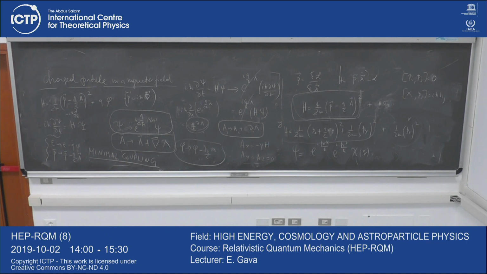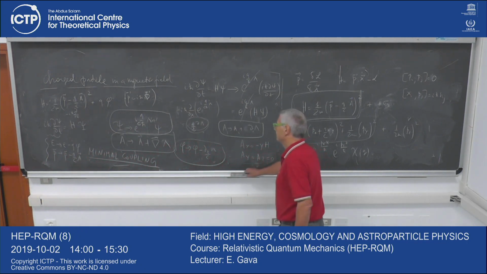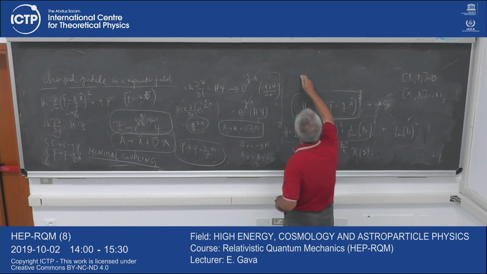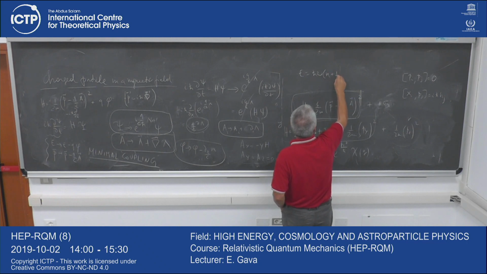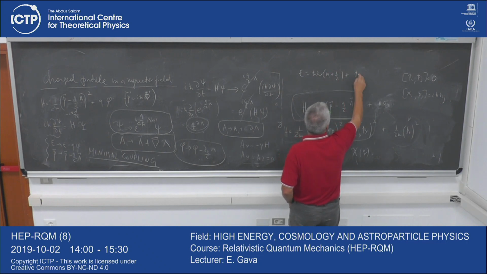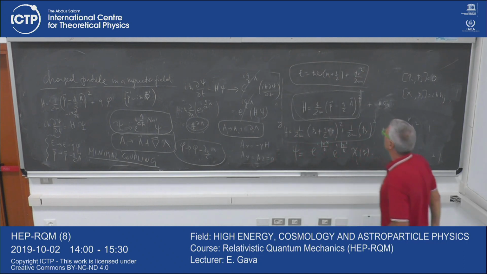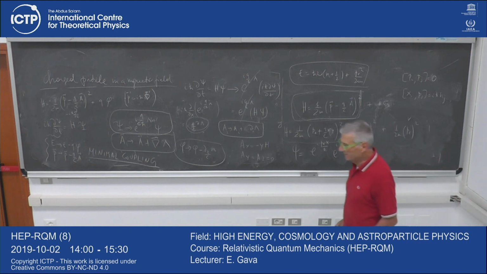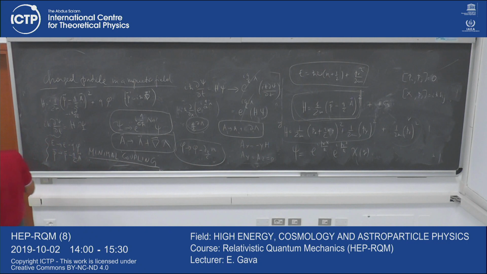So this is the Landau, these are called Landau levels, these energy levels, plus pz square over 1. And to fix the degeneracy, this infinite degeneracy is not very nice, right?